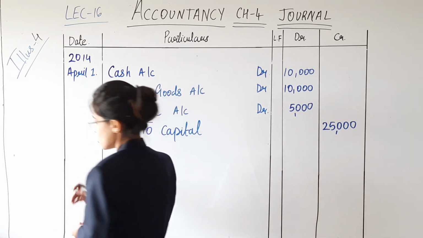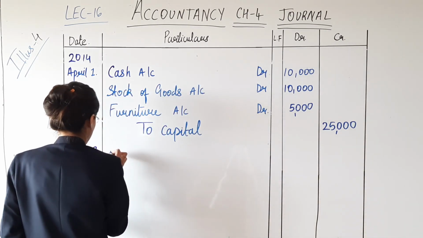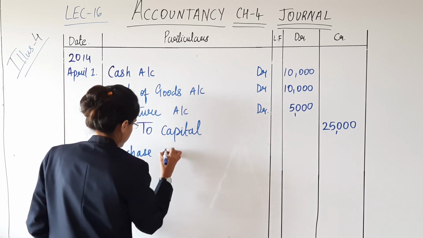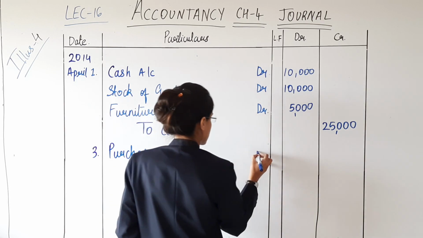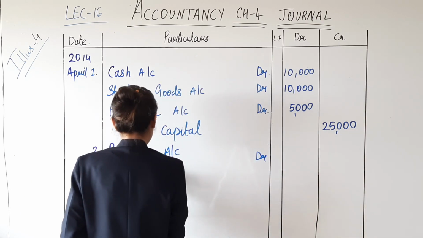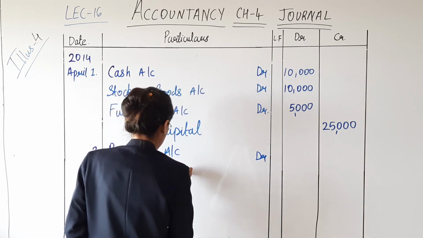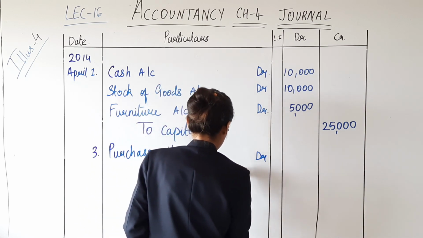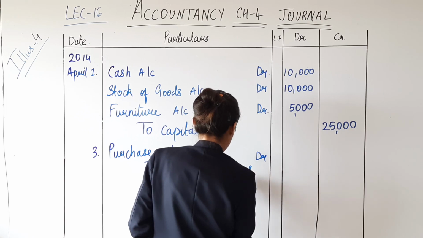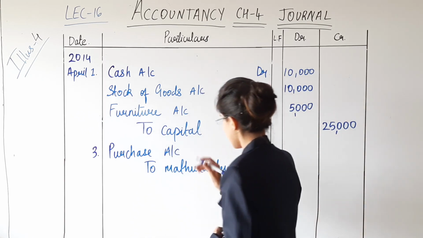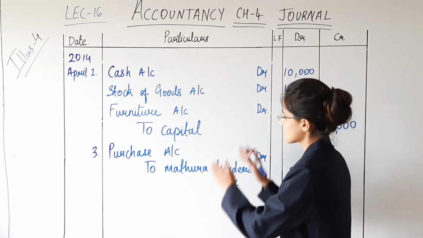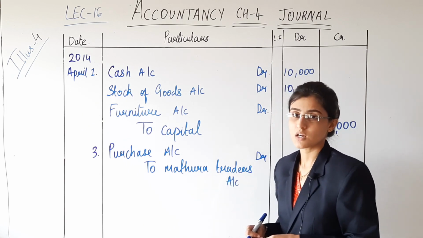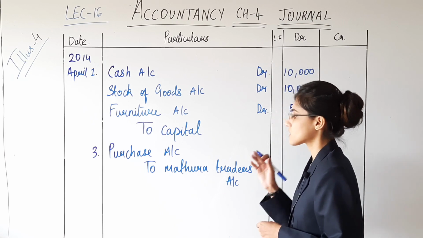It is on 3rd of April. So purchase account debit, to Mathura traders account. You might be thinking, why has Mathura traders been credited? Mathura traders is a personal account, and the rule of personal account is debit the receiver, credit the giver.